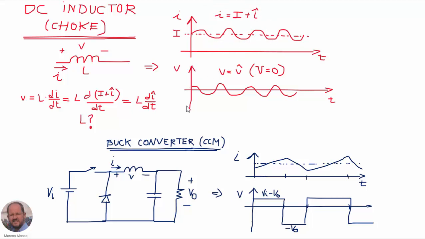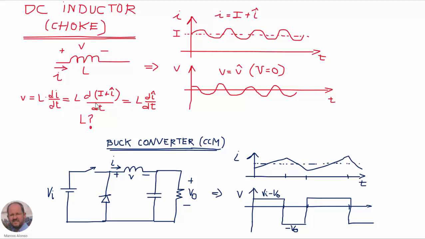Also, we have a voltage across the DC inductor that, of course, is not going to have any DC level, but what we have is an AC component of the voltage across the inductor. If we look at the inductor and the equations that we have, we know that the voltage is the inductance times the derivative of the current with respect to the time.